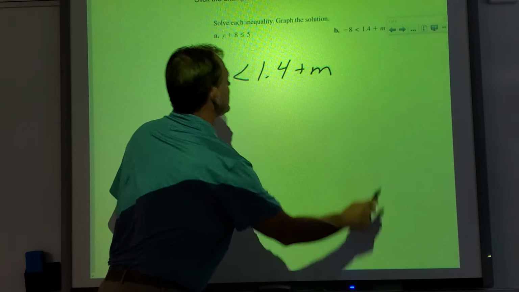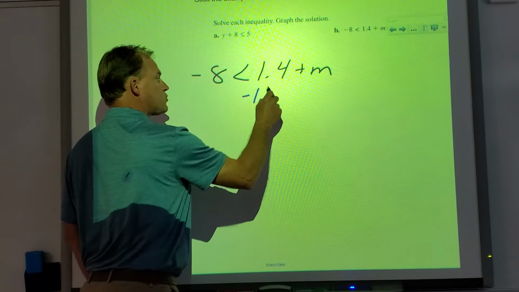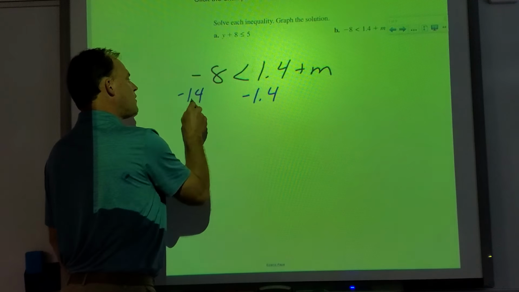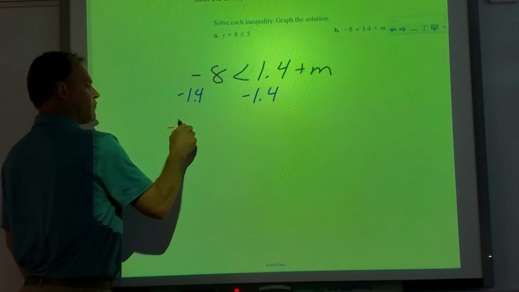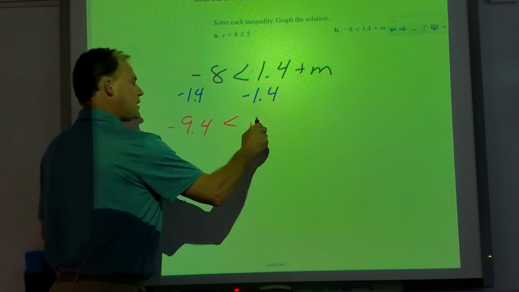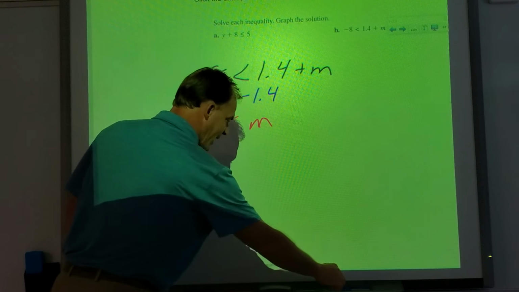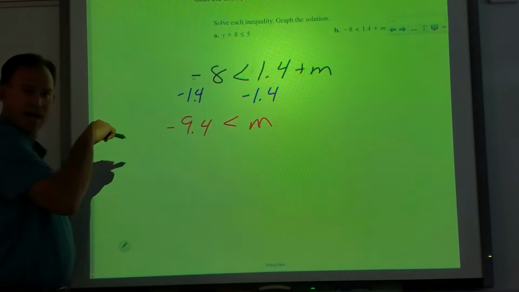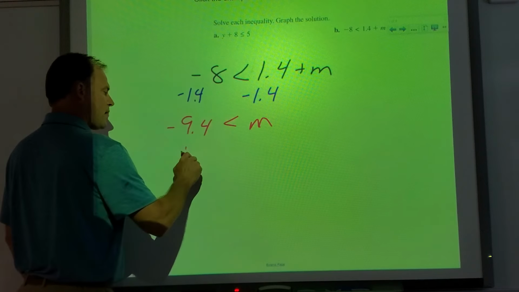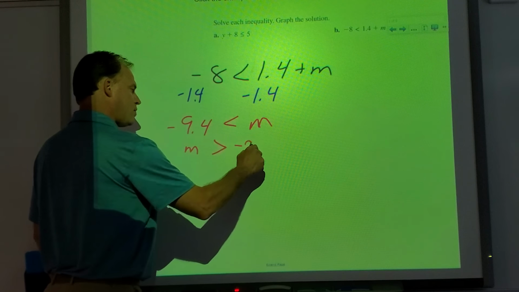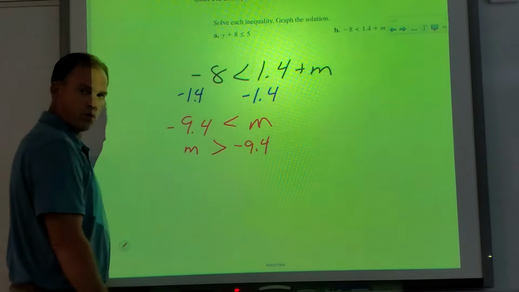So again, I got a variable on the right-hand side. Subtract 1.4 from both sides. Negative 8 minus 1.4 is negative 9.4 is less than m. But I don't want to graph that. I want to take this and turn it around. m is greater than negative 9.4.